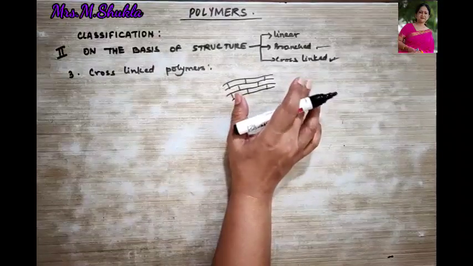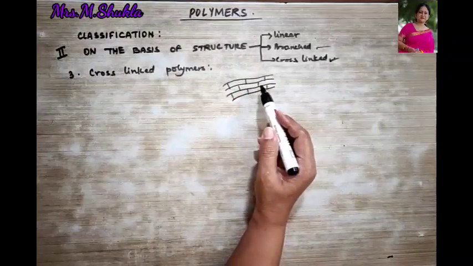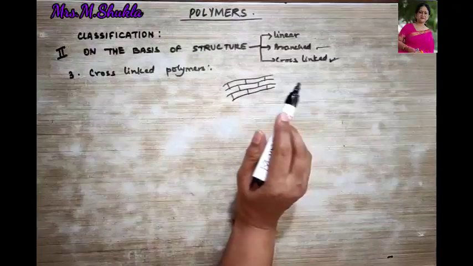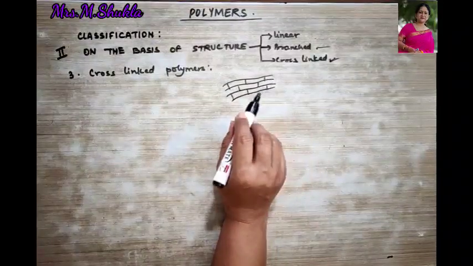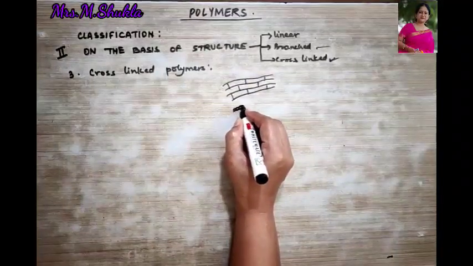Right? So here the adjacent polymeric chains, they link up together through the side chains, forming three-dimensional polymers. And if you would like to see, I'll show it to you like this also.